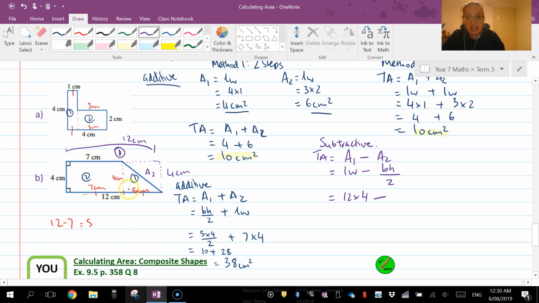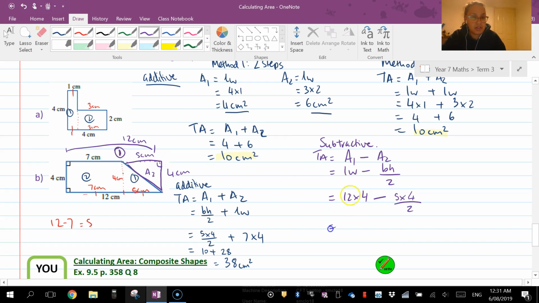Again, it's that concept of finding the difference. So 12 minus 7 would give you your 5 centimeters. So that would be 5 times the height, which is 4. Just so you know, I'm referring to this triangle here, which is the reflection of this one along this axis.